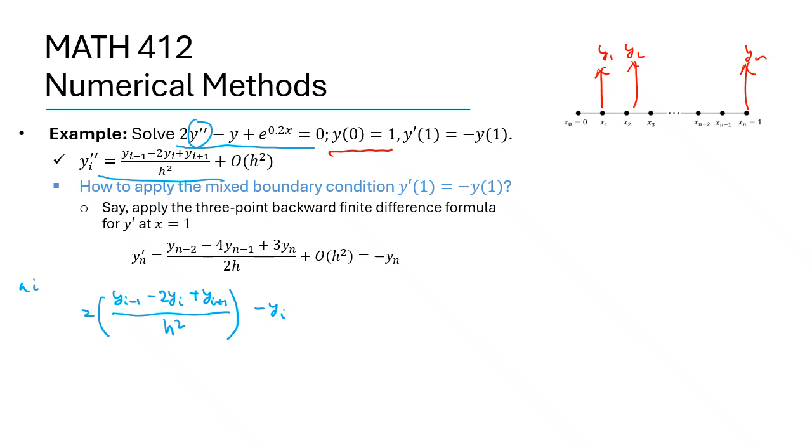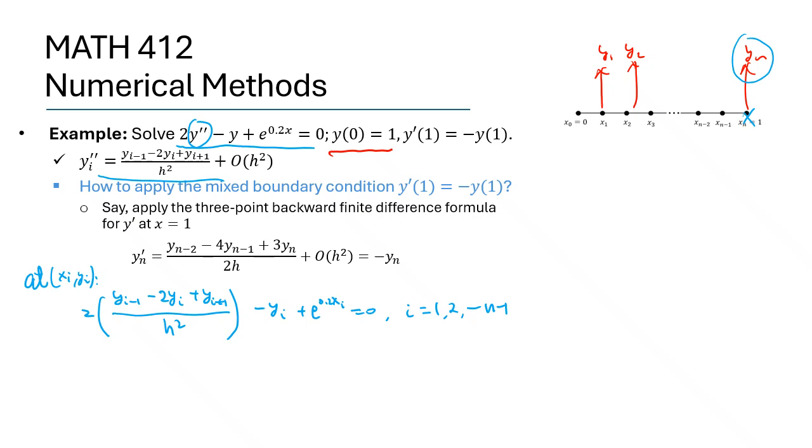Which point is i? As you can tell, at x sub i, y sub i. We'll see i's range later. When i changes, as you can tell, this formula is not valid. Though we care about this, it's not valid for this point, right? Therefore, i is 1, 2, until n minus 1.